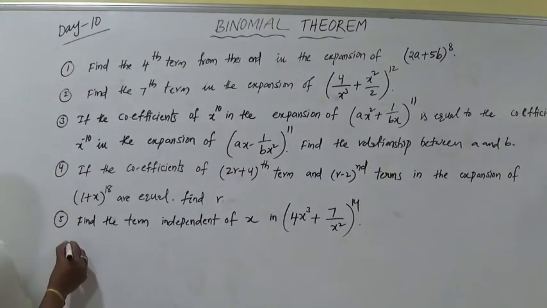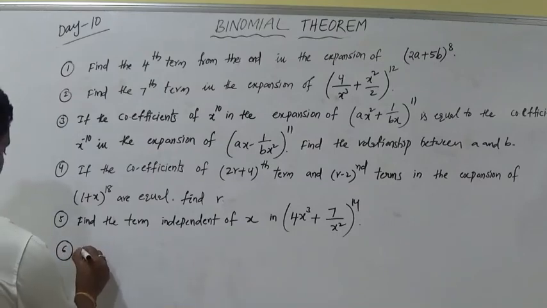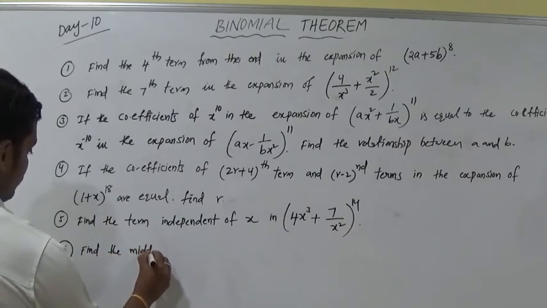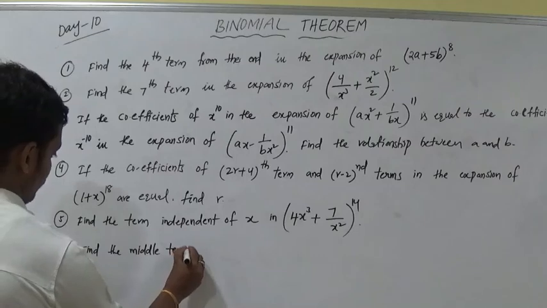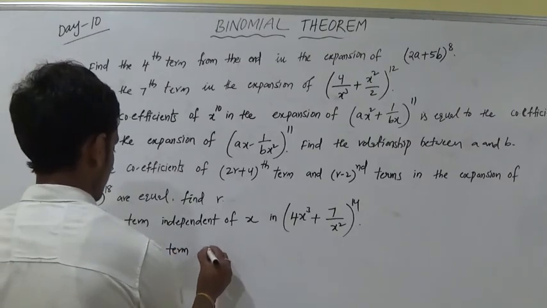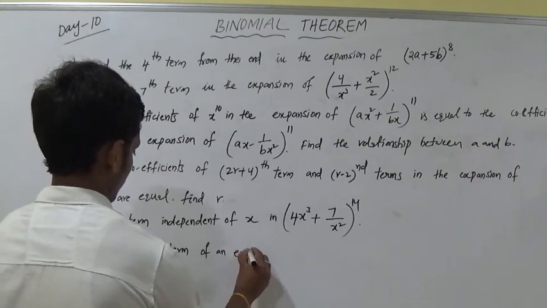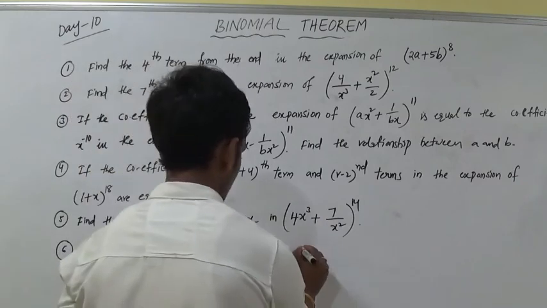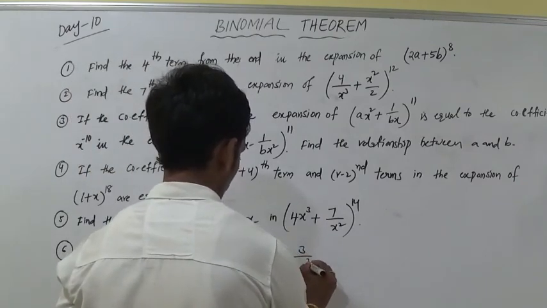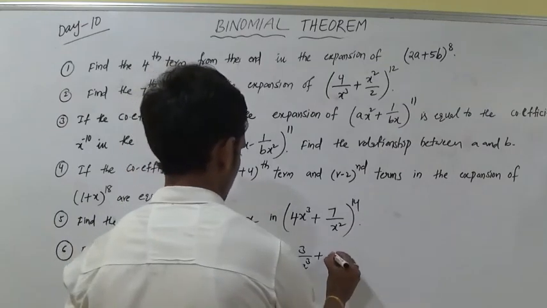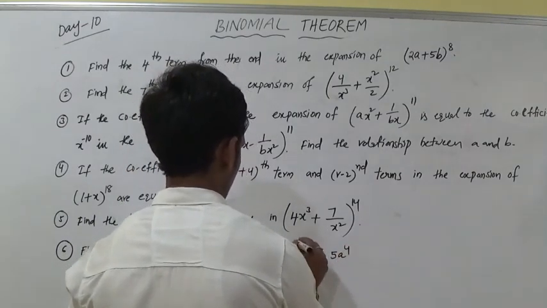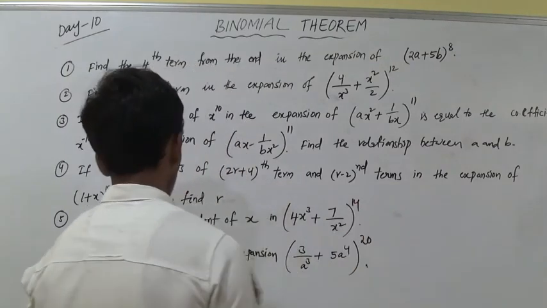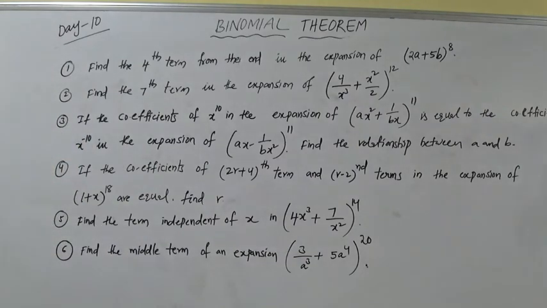And the last, find the middle term of the expansion of (3 by a cube plus 5a power 4) whole to the power of 20. These 6 problems are homework.